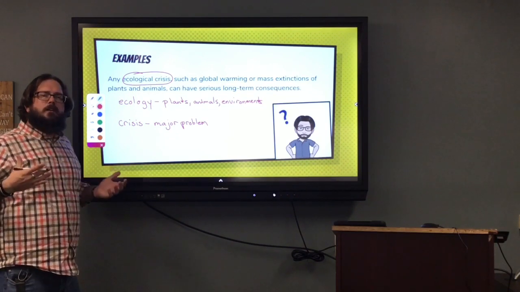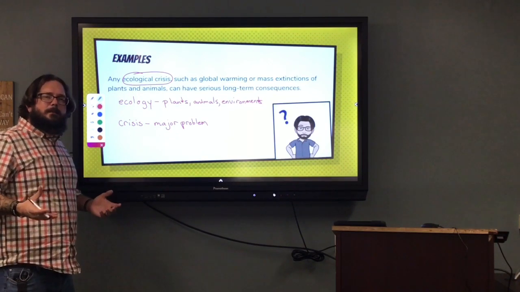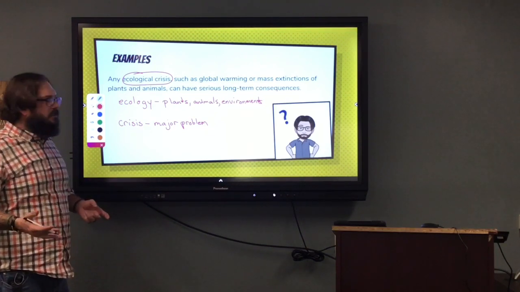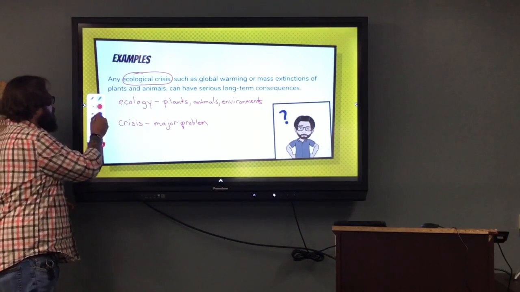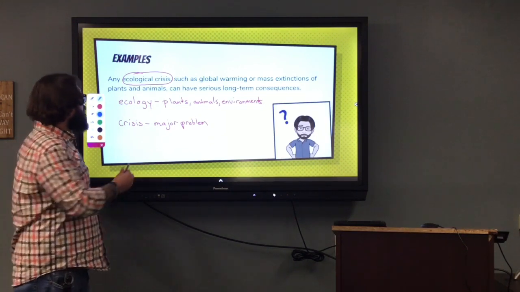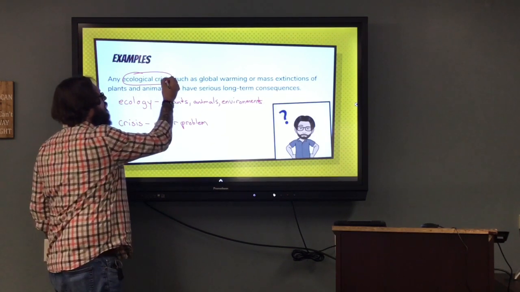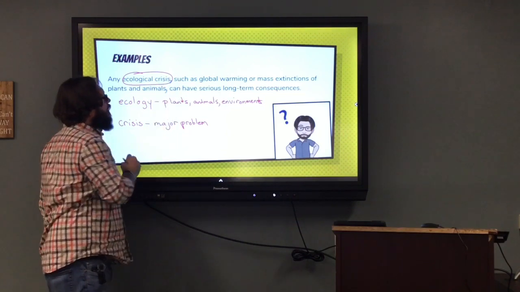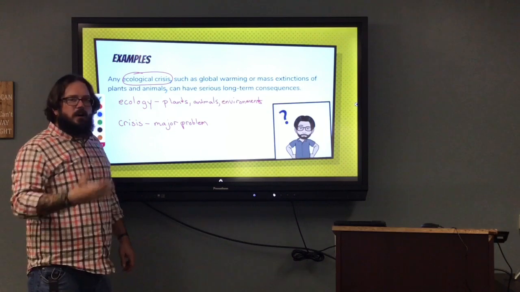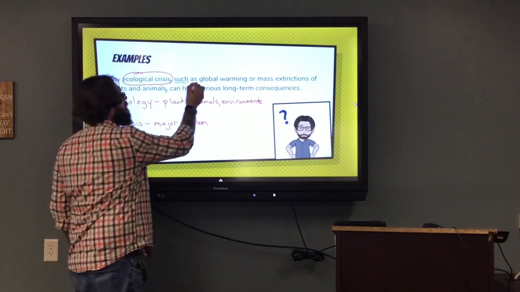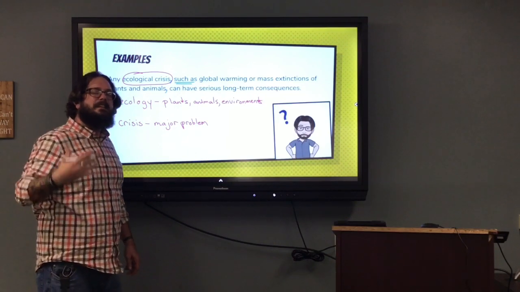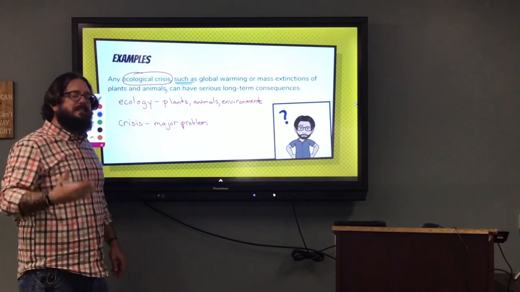Now, what does the author provide us to give us some examples of an ecological crisis? In this case, this author mentions two specific ones that are set off by commas. So I use the phrase any ecological crisis, comma, such as, so this right here provides us with a clue that he or she is getting ready to give us examples.